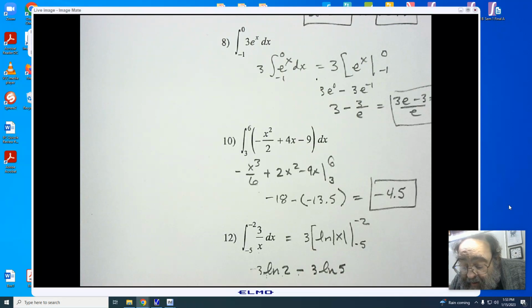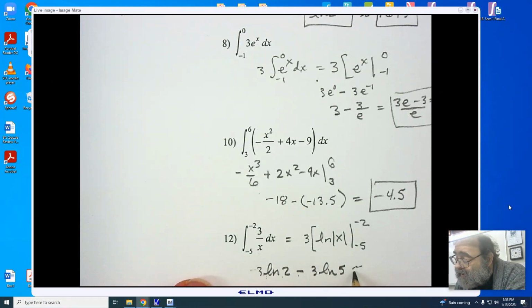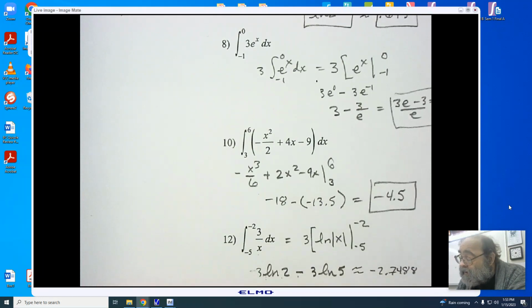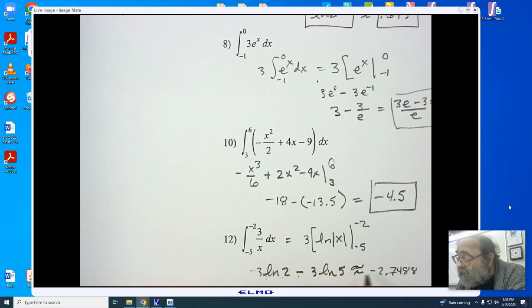The minus creates a division, etc., etc. It's up to you how you wish to do this. Once again, this is the exact value, and it can be manipulated. That's always the funnest part about the math, is that there are lots of ways to represent it, and as an approximate value, it's negative 2.74, and I'm just going to go 88. Once again, that is an approximate value.